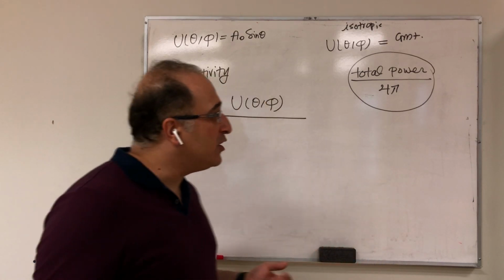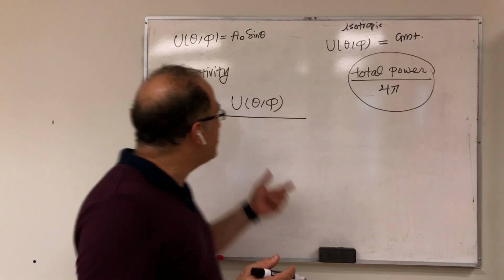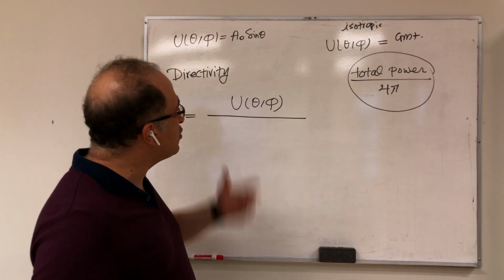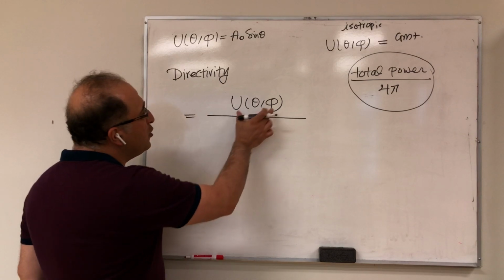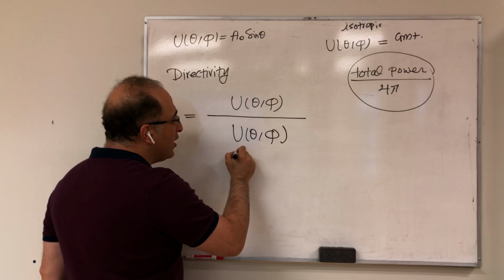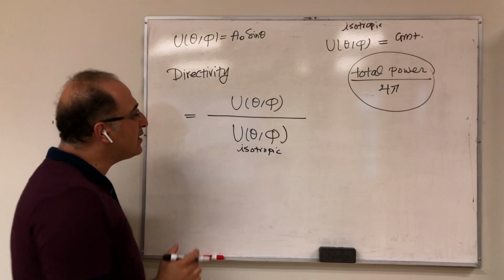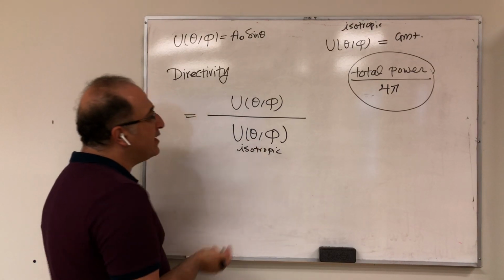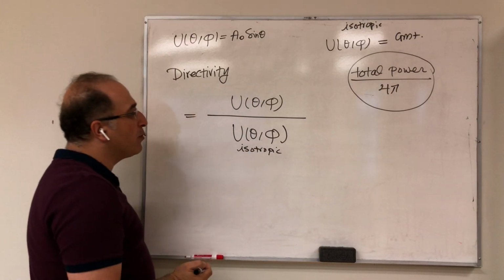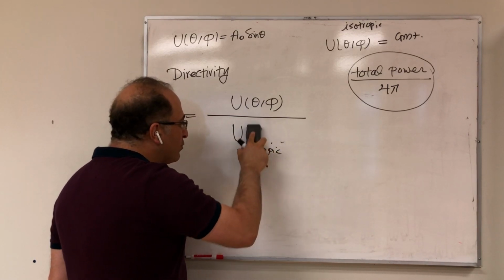So imagine your antenna radiates in total 1 watt, and you have a radiation intensity. When you want to compare it to an isotropic antenna, you take u(theta, phi) of my antenna divided by u(theta, phi) of an isotropic antenna. As soon as you put the isotropic antenna here, you need to write its radiation intensity, which is total power divided by 4 pi. It does not depend on theta and phi, so I can just remove that because it's isotropic.